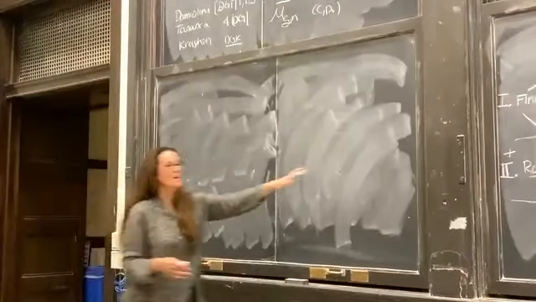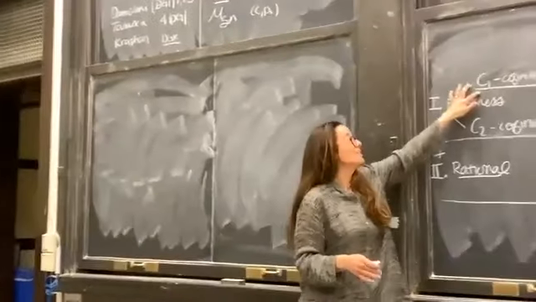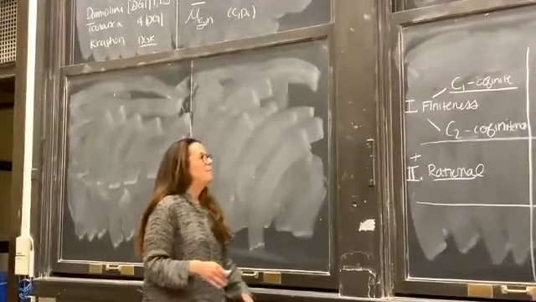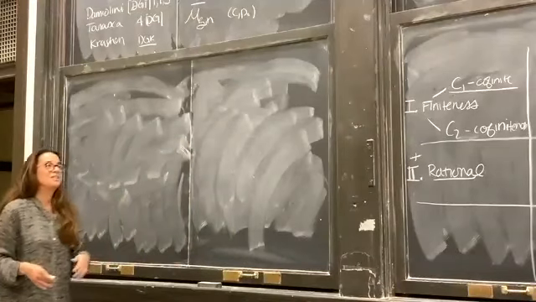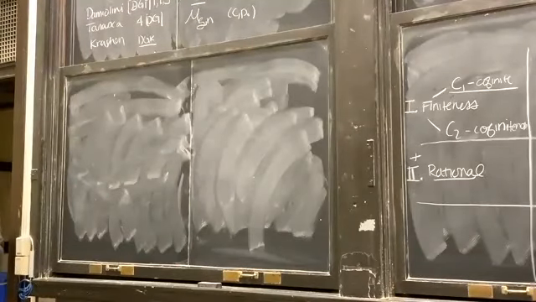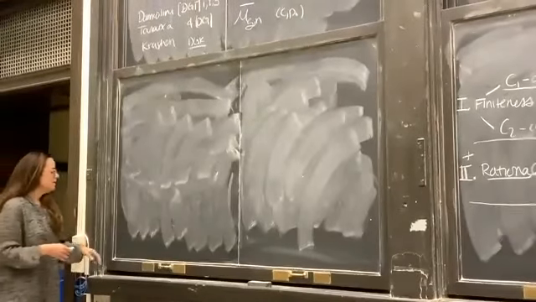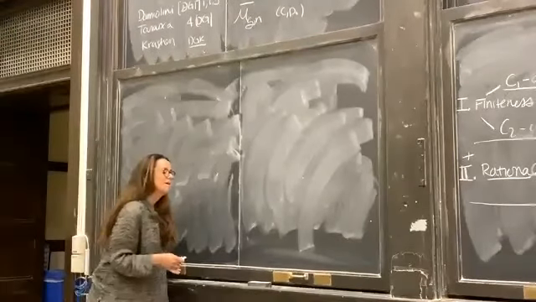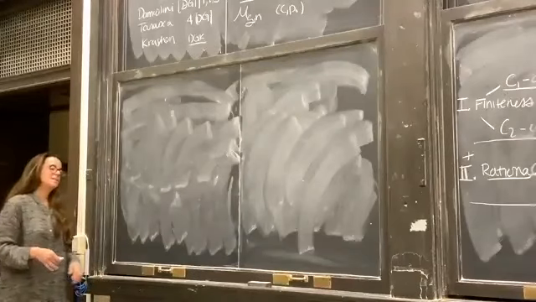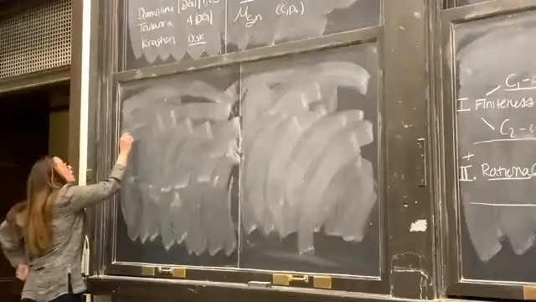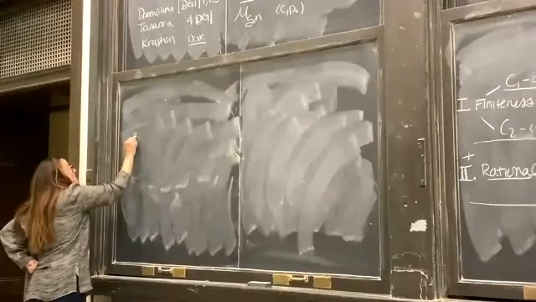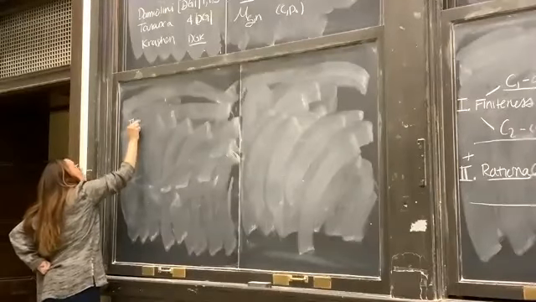So I'm looking now at the least restrictive condition of finiteness, which is that A of B is finitely generated. In this case, it could be not finite, it could be not semi-simple.